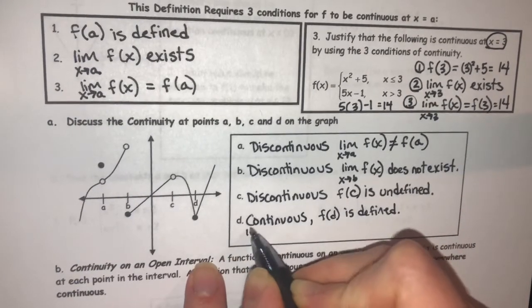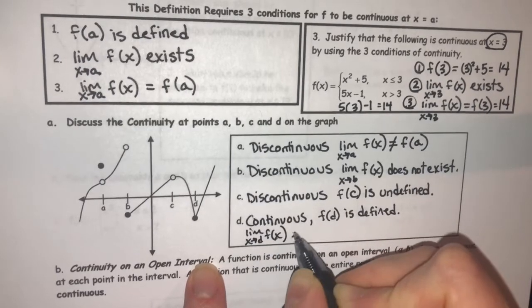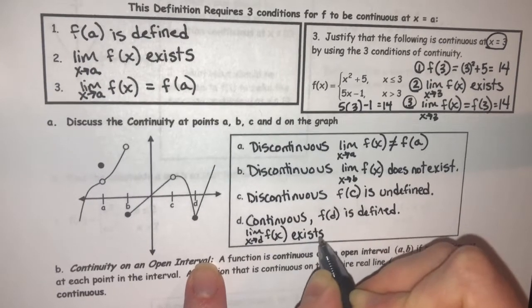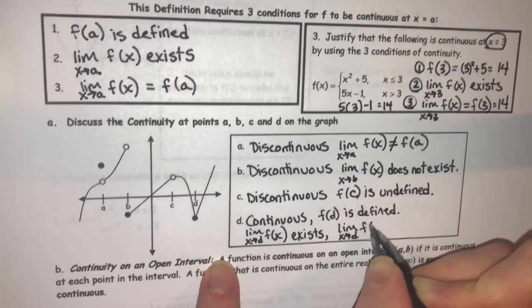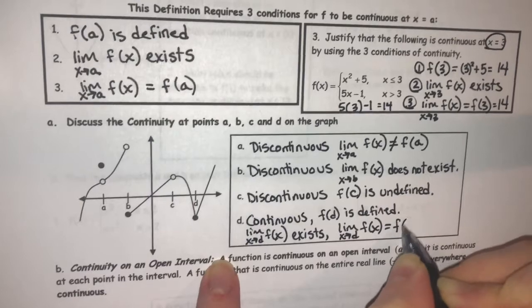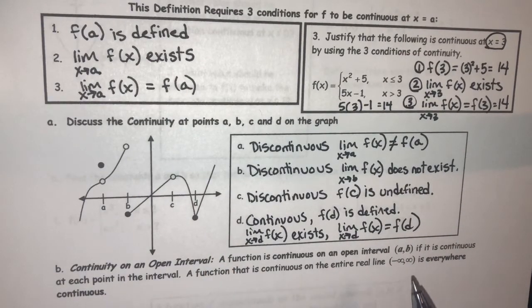The limit as x approaches d of f of x exists, and the limit as x approaches d of f of x is equal to f of d.